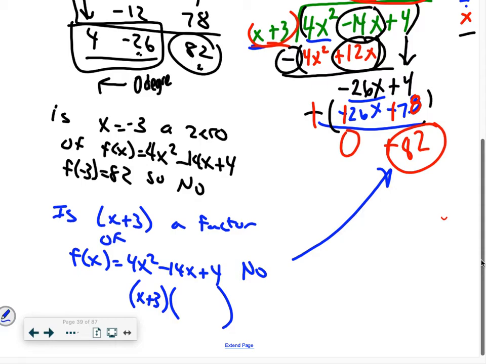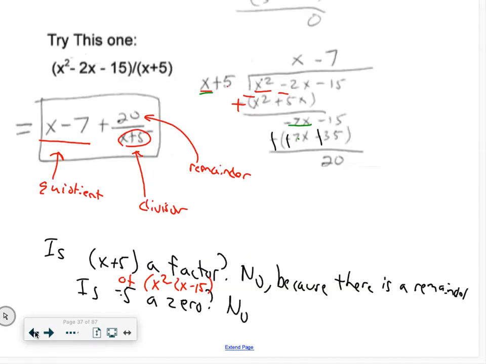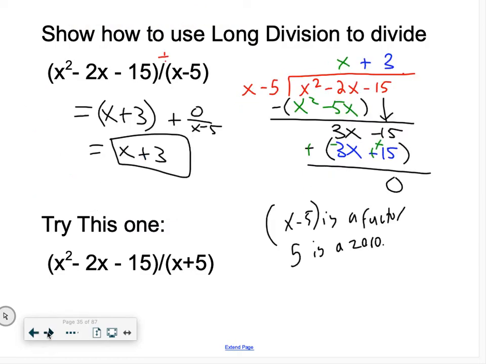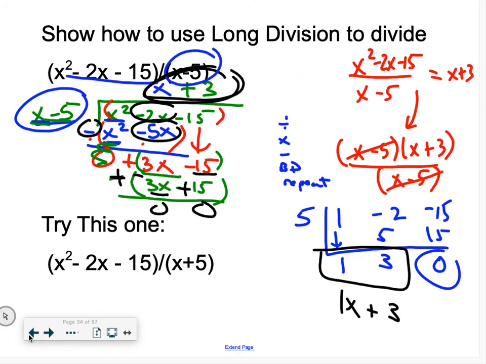And that's what factoring means. When you divide one by a factor, you get another factor that has no remainder. So if I look at some of these first examples I did, like this one, when I divide x squared minus 2x minus 15 by x minus 5, I get x plus 3.